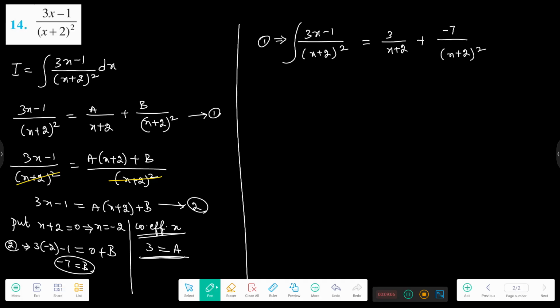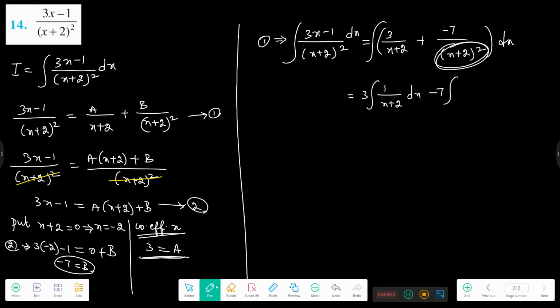When you apply the integral on both sides, into dx, now 3 you take outside, so 1 divided by x plus 2 into dx, minus 7 if I take outside, now take the denominator to the numerator, then only we can take the integral. So x plus 2 whole power minus 2 into dx.